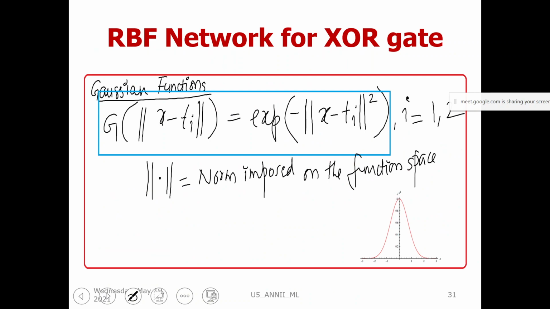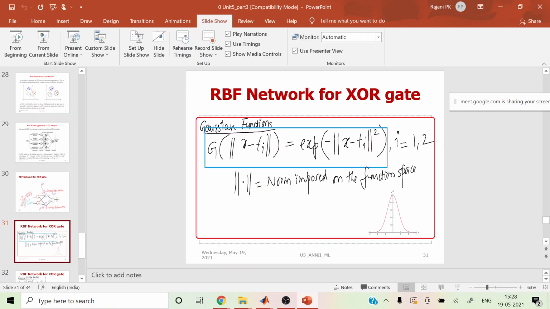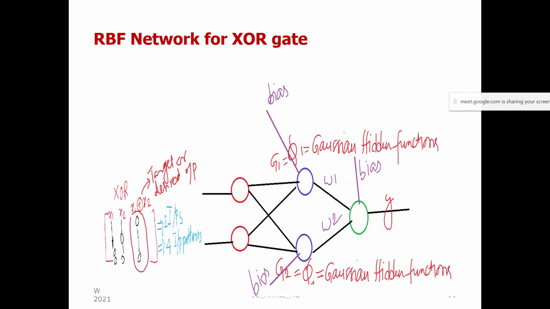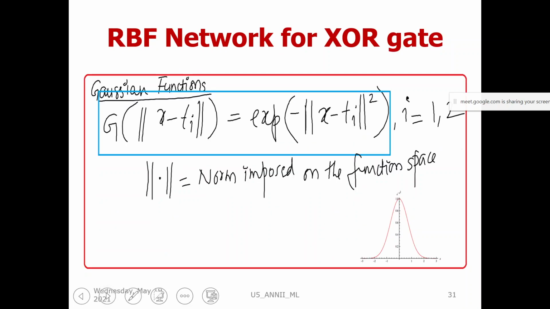So how exactly is this working? You can see that in the Gaussian function, G is G of norm of x minus Ti. X is the input, Ti is the center, equal to the exponential of that. Here we are having 2 neurons in the input, so it will be i equal to 1 to 2.